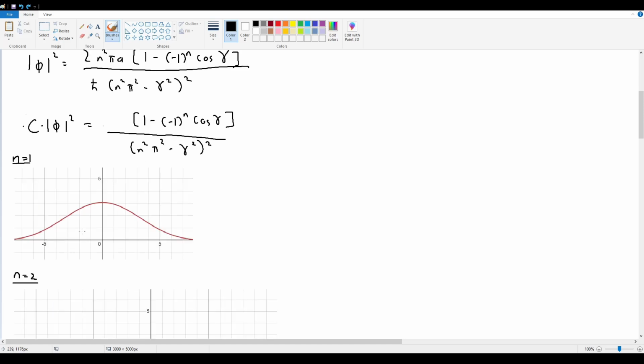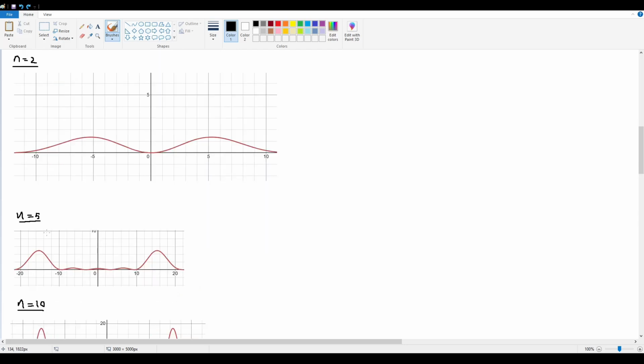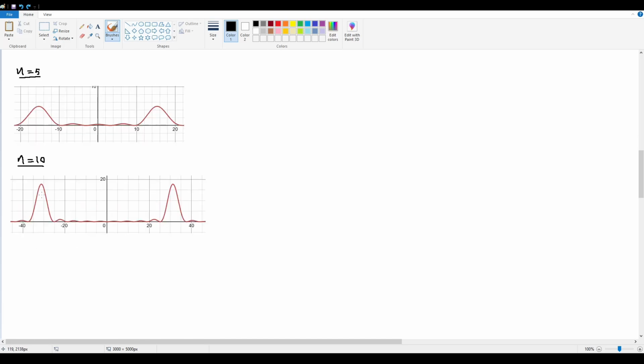But that being said, just looking at the shape of the graph, what you'll see is that for the first energy state, you have a bell curve for the possible values of p, right? As you go into 2, it gains 2 curves with a 0 in the middle. As you go to 5, you get a bunch of small curves in the middle and 2 big curves on the edges. And when you get to 10, you see the same thing, but more pronounced.